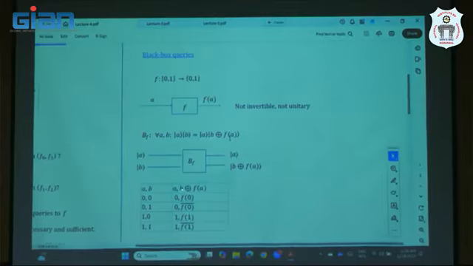Here what is happening? B parity f of A. So if B is 0, what comes out is f of 0. If B is 1, what comes out is f of 0 parity 1. What is f of 0 parity 1? F of 0 flipped. Correct? The bar means it is flipped.